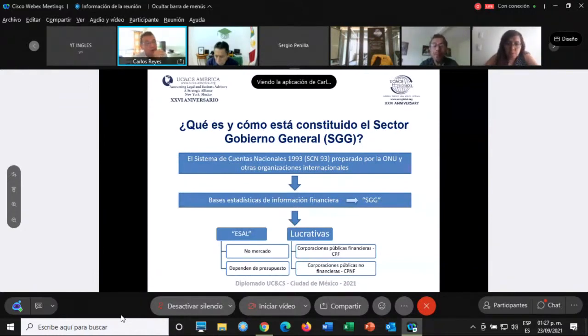Financial information statistical bases seek to provide financial information on the general government sector.